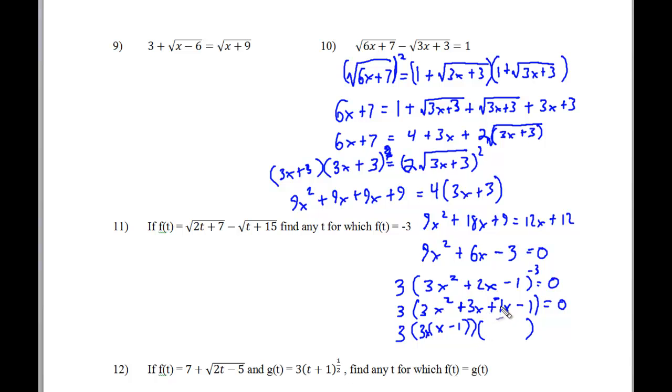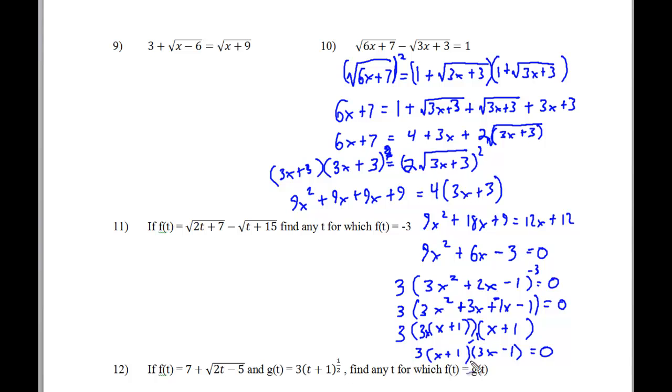And I factor out a negative 1 here, which gives me my x. Oh, that should be a plus 1 there. x plus 1. So now I've got my x plus 1s to know I did the problem right. So x plus 1 is one group, and my 3x minus 1 is another group. My 3 is still on the outside, and that's equal to 0.